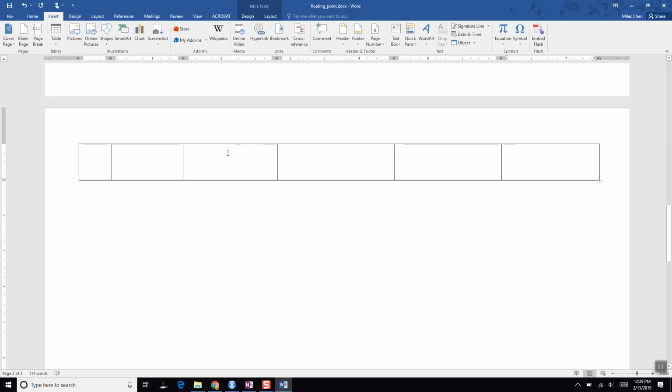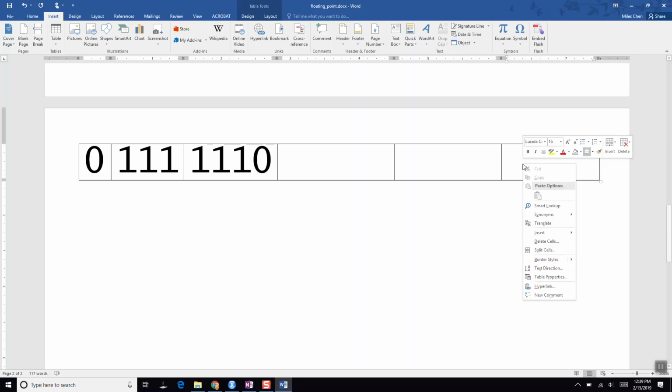until we get to the max, where the largest value we can have is 1.1111. Here, I'll do the one right before it.